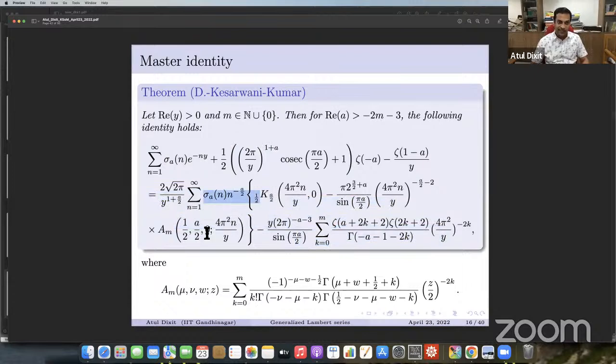Because this series is actually uniformly convergent in real part of A greater than -2m-3, on any compact subset of the complex plane, this represents an analytic function. Everything else is also analytic, except for, say, when A is 0 here, or A is -1 here, that sort of thing. That then implies that I can use this result to get analytic continuation of my previous result.